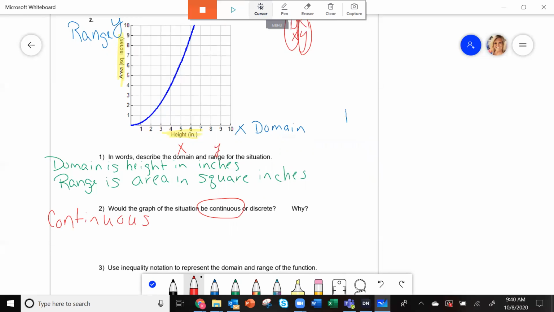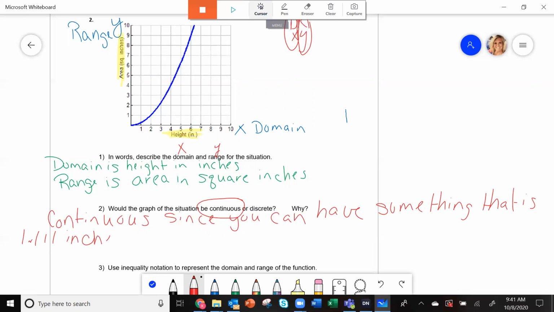It's continuous since you can have something that is, for example, 1.111 inches according to the graph.